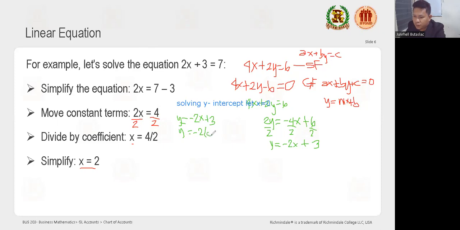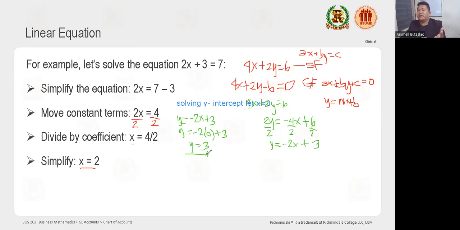So negative 2 times 0 is equals to 0. Then our remaining number is 3. Therefore, our y-intercept is 3.